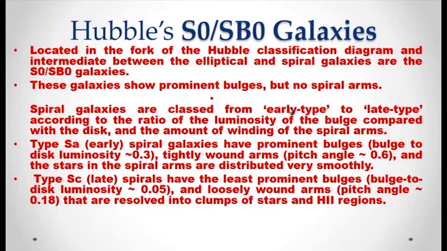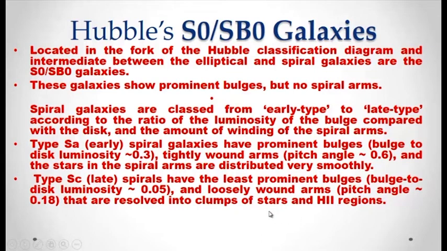Then coming to type SC, which is a later spiral galaxy, it has the least prominent bulges. The bulge to disk luminosity ratio will be very small, approximately 0.05, with loosely wound arms, pitch angle approximately 0.18, that are resolved into clumps of stars and H2 regions.